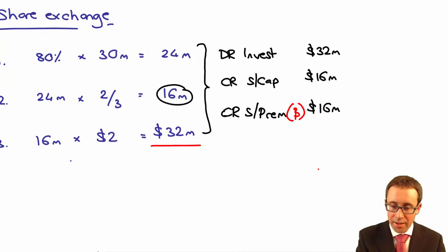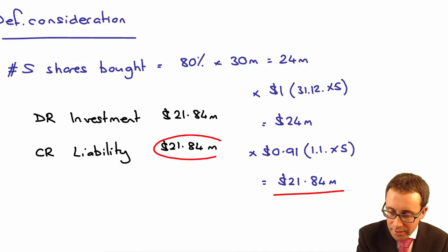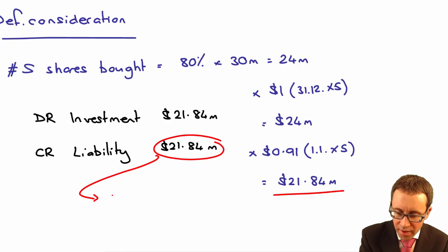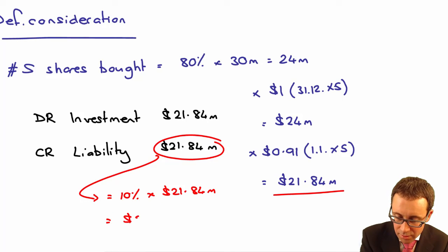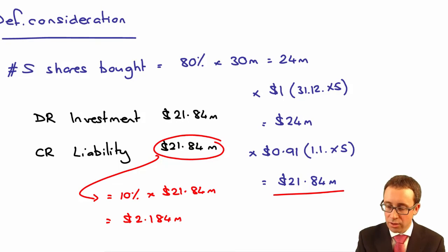So you have a liability at 21.84 million, is it, at the 1st of January X5? To work out the finance cost, we take 10% of the 21.84 million, which gives me 2.184 million. That there is the finance cost.